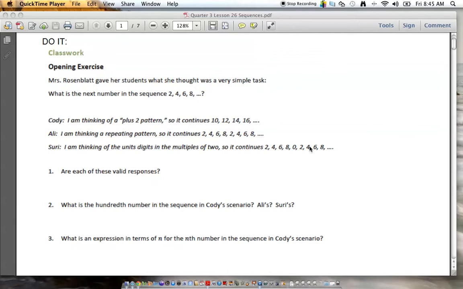Allie's? I think it's going to be 8, because 4 divides evenly into 200. So it'll go into there a total of 50 times, and the 50th time you write an 8 will be the 200th term. What about Suri? 0. Good. What is an expression in terms of n for the nth number in Cody's scenario?